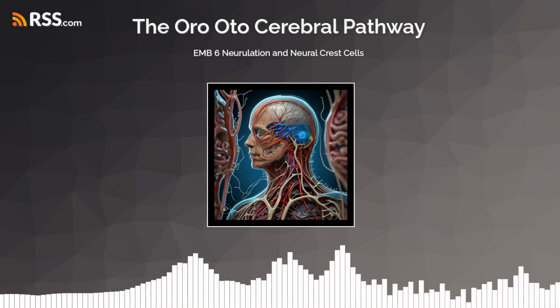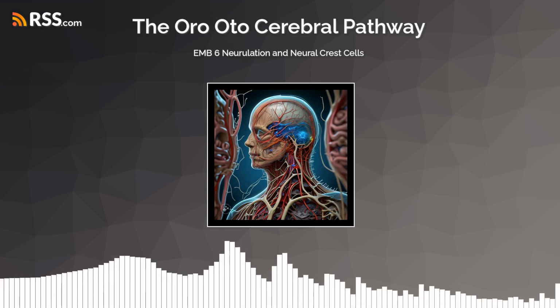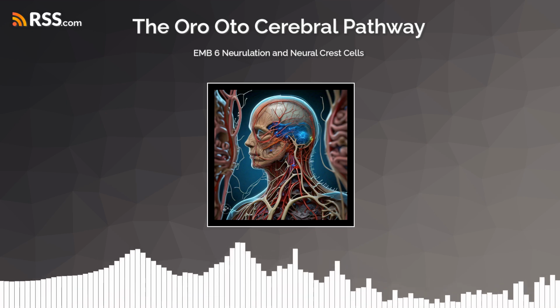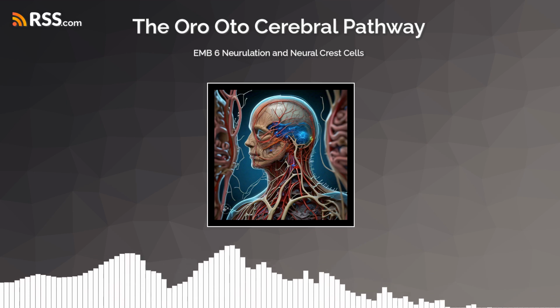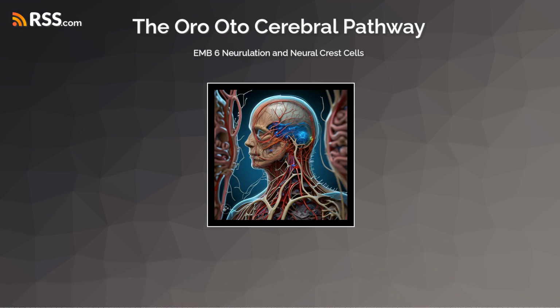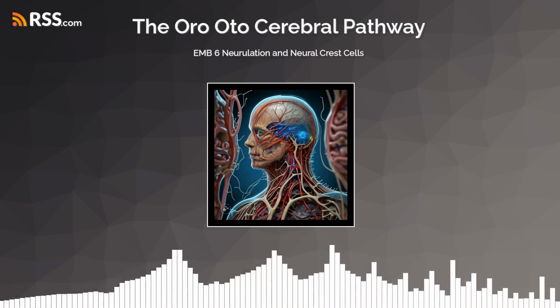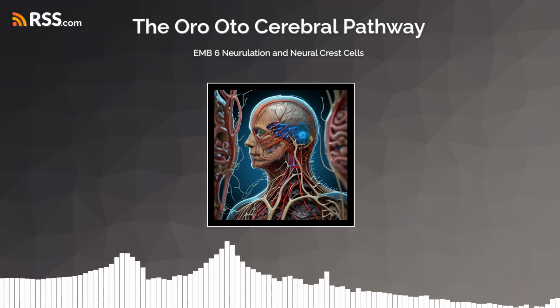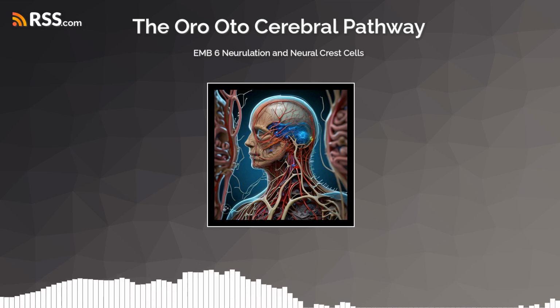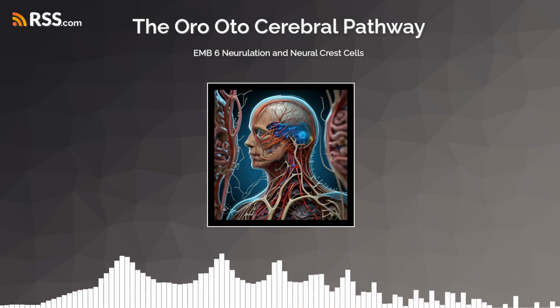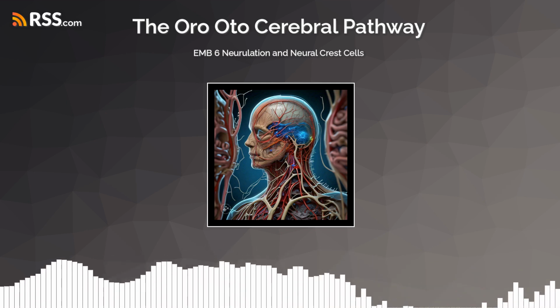And the various cells they form include melanocytes, the craniofacial cartilages and bones, smooth muscles, peripheral and enteric neurons and ganglia. And because of this wide variety of cell lineages it is able to form, the neural crest cells are also termed as the fourth germ layer.